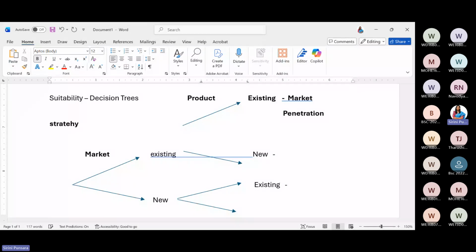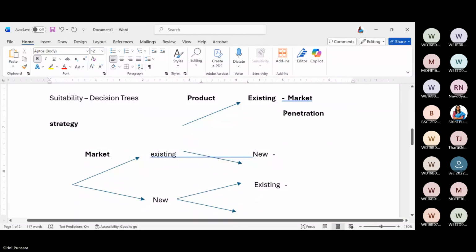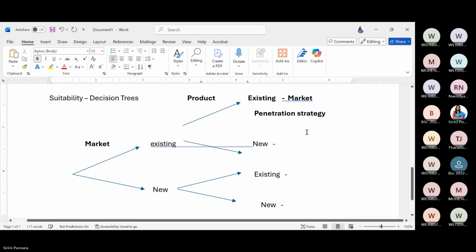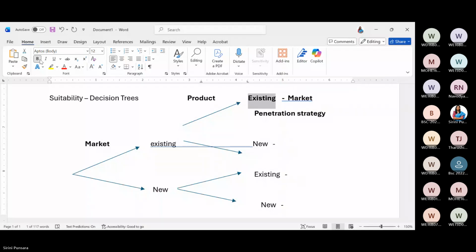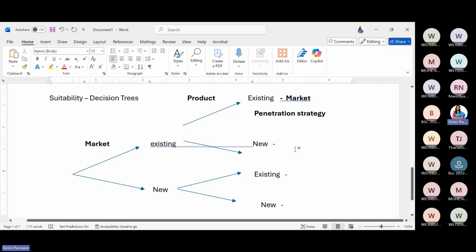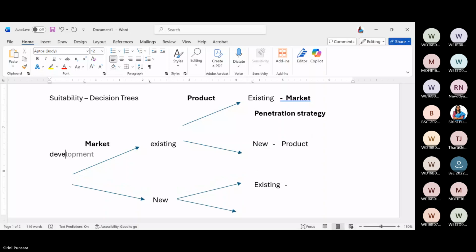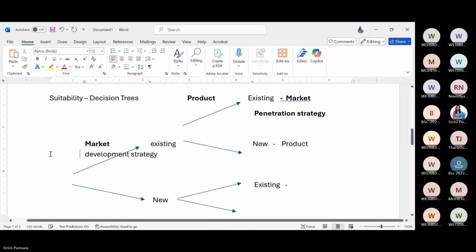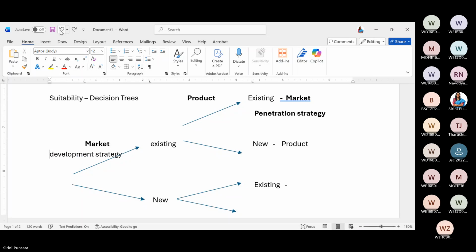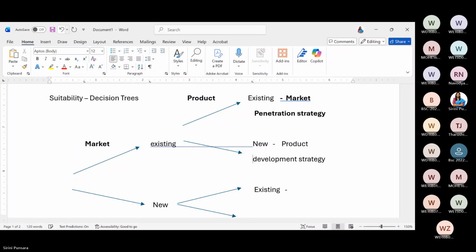That is the answer here. Then if we are going with existing market with new product, we call it product development strategy. This one, product development strategy.